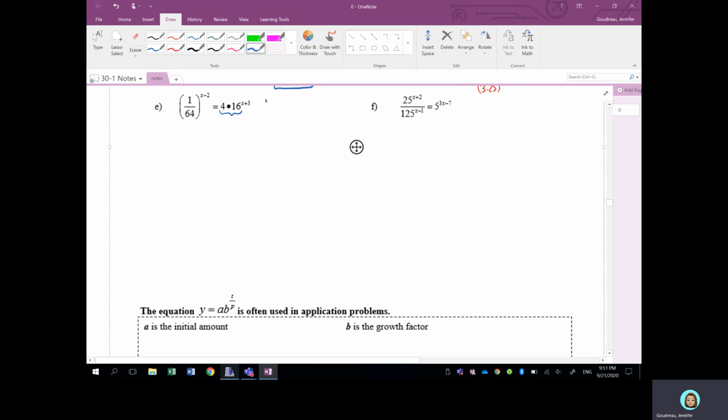Our order of operations: brackets, exponents, then division and multiplication. So this 16 is committed to its exponent. It cannot go multiplying with the 4. By order of operations, it has to go to its exponent first before it can get multiplied.